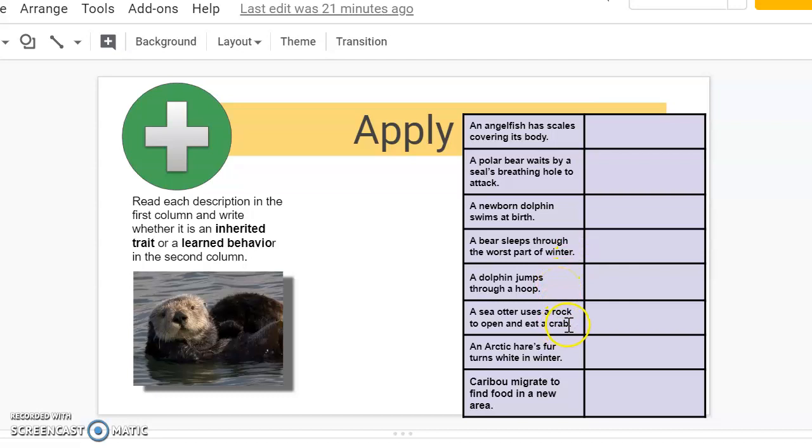A sea otter uses a rock to open and eat a crab. An Arctic hare's fur turns white in winter. And a caribou migrates to find food in a new area. So you'll see these 8 different scenarios, and I want you to write whether each one is an inherited trait or a learned behavior.